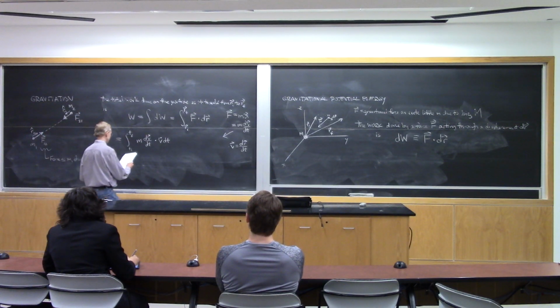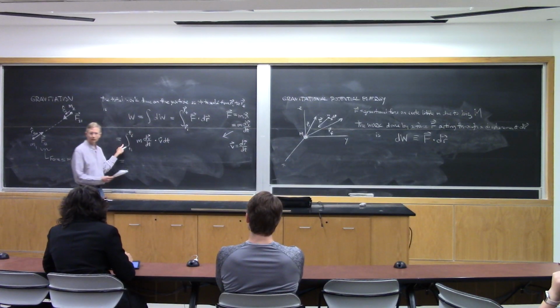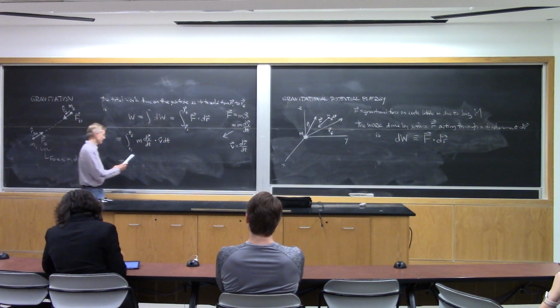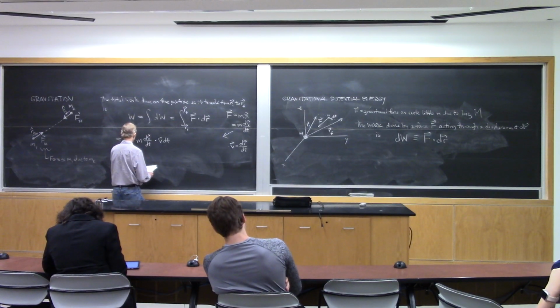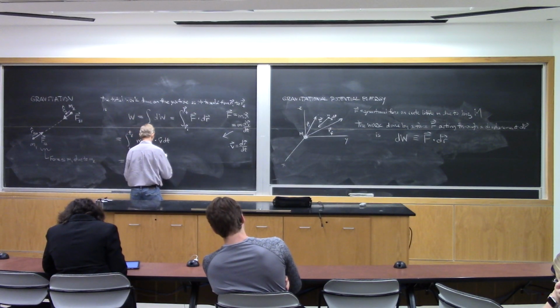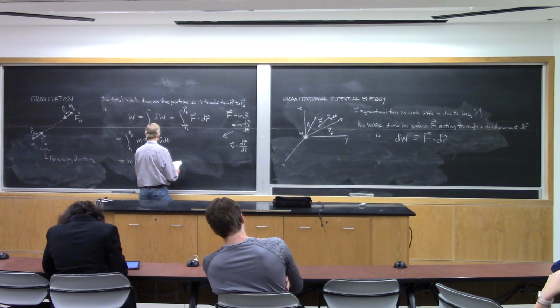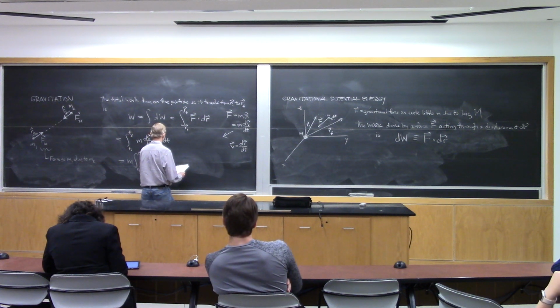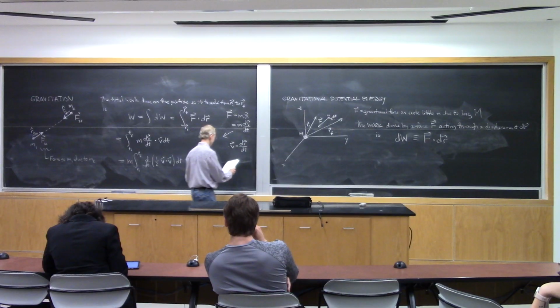Okay, so let's get all fancy here. We can pull m out of the integral because that's just a constant. m times the integral from ti to tf of d/dt of 1/2 v dot v, dt. Now why do I say that?